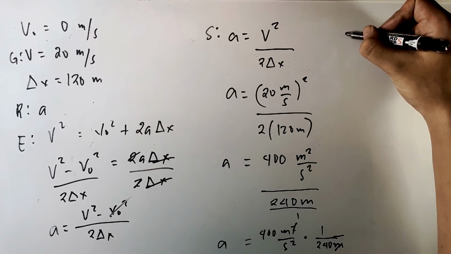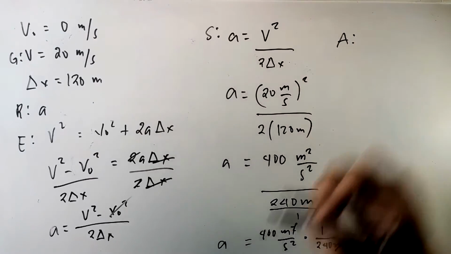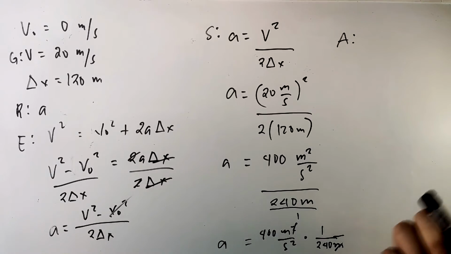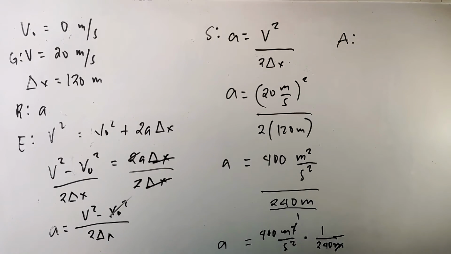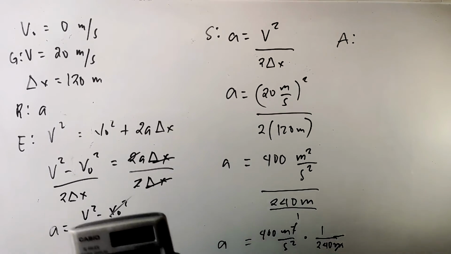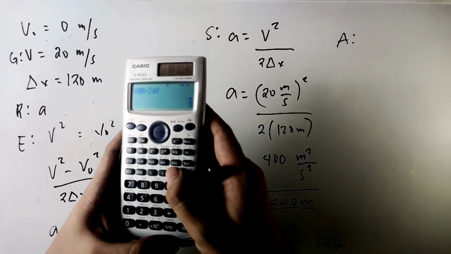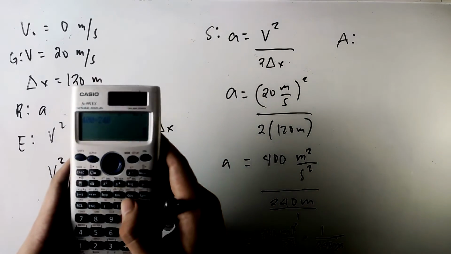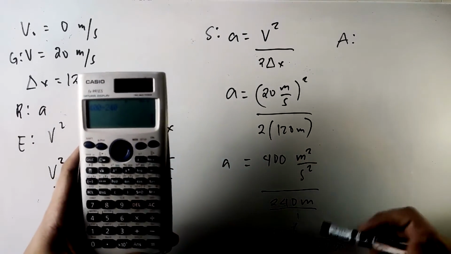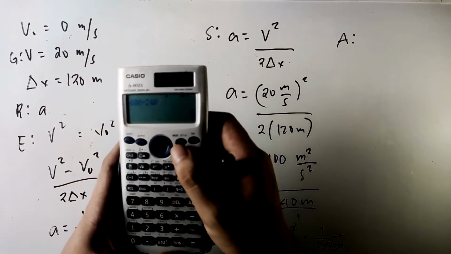So for the answer, that would be 400 divided by 240. Not much else to do on the units because they're already in SI. So there, 400 divided by 240, correct, because this is on the denominator side.